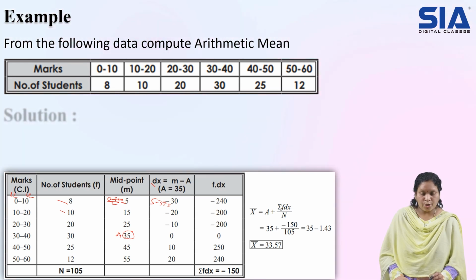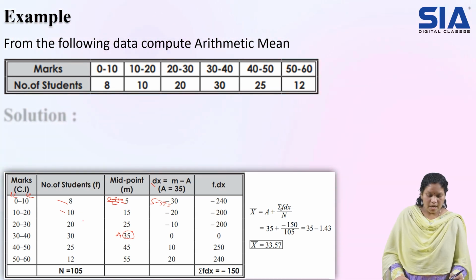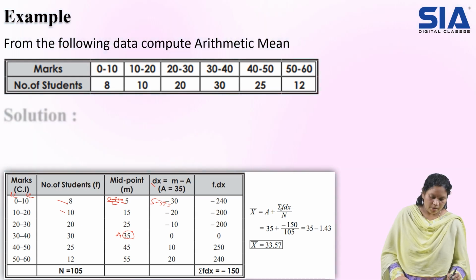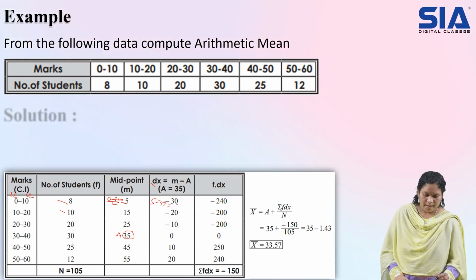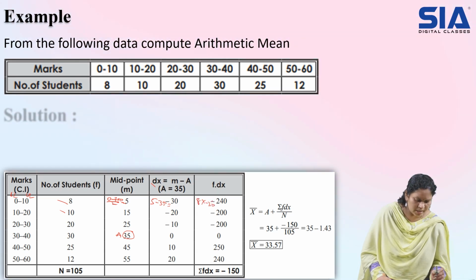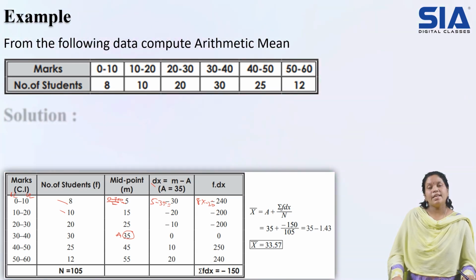So dx we have obtained just now by subtracting the assumed mean from the midpoint. Next, the f into dx column. How to do that one? Frequencies already we have, right? That particular frequency you have to multiply with the dx column. Now 8 into minus 30, 8 is the frequency, minus 30 is the dx value. 8 into minus 30 you'll get minus 240. That is your f dx column.